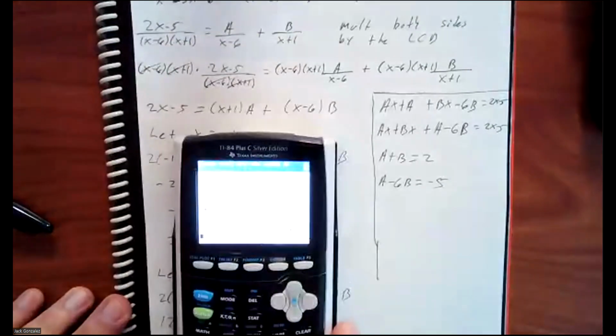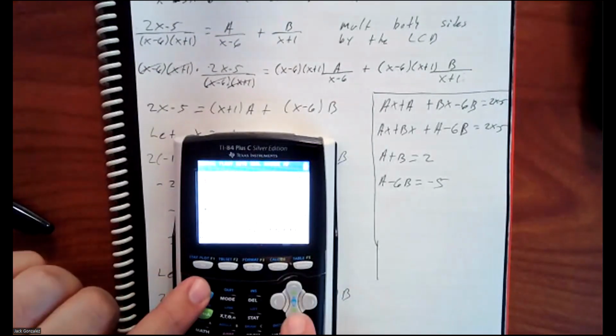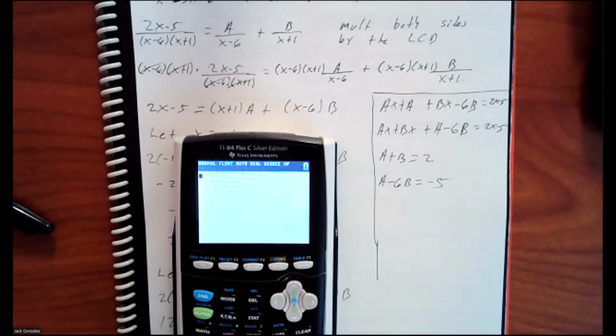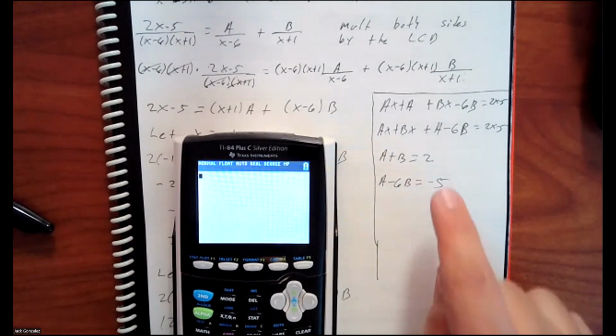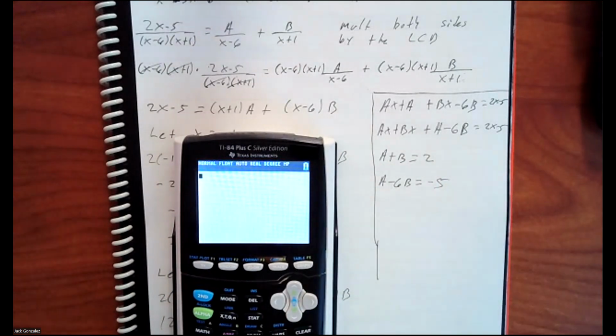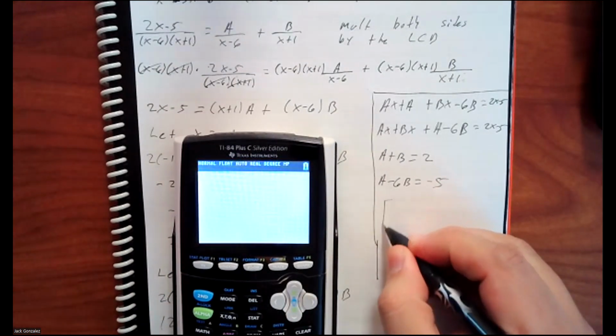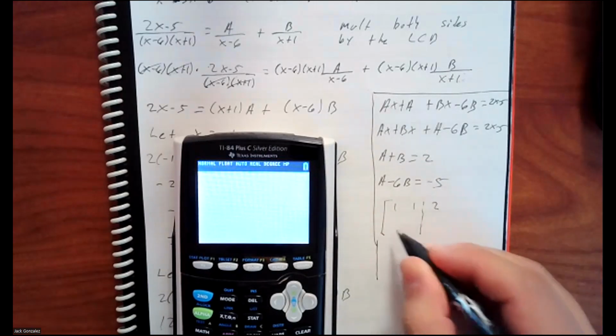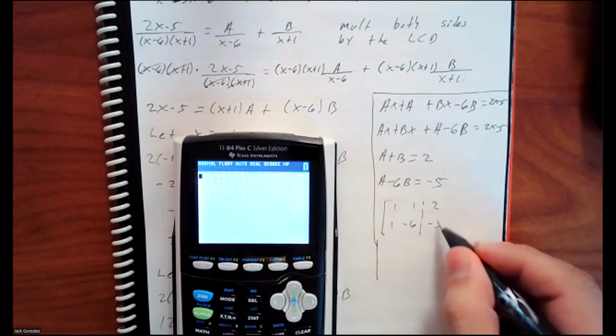Maybe there's a lot of wire. All right, so you agree that the matrix will be this, right? 1, 1, 2, 1, negative 6, negative 5.